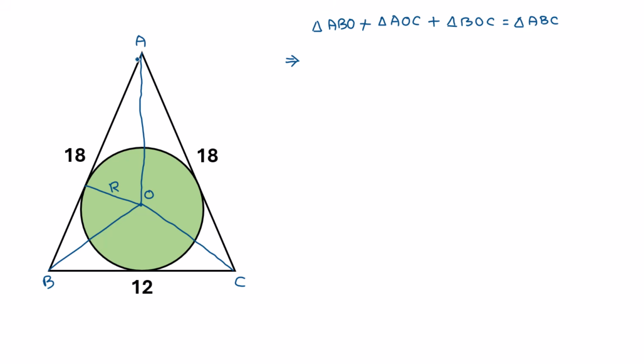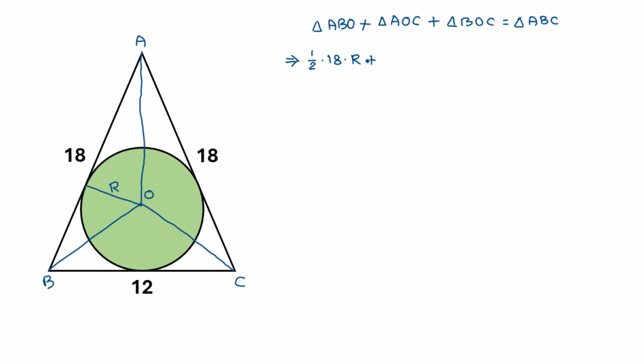So in triangle ABO, the base is AB, which is 18 units, and the height of this triangle will be R. So the area of this triangle will be half times base times height, which is half times 18 times R, where R is the radius of this circle.